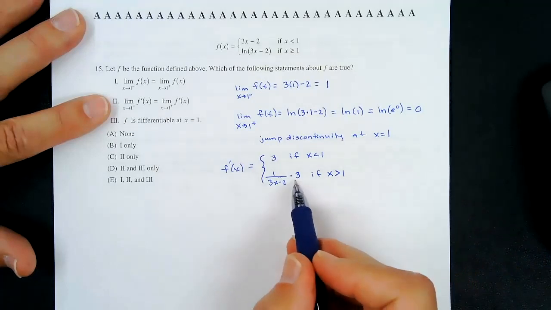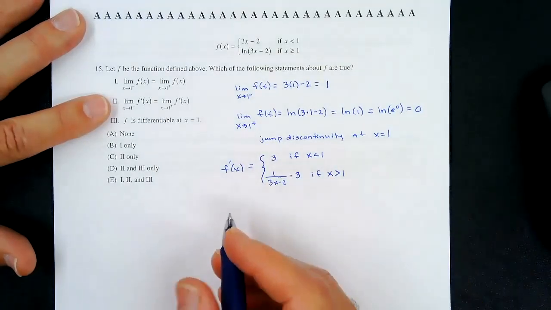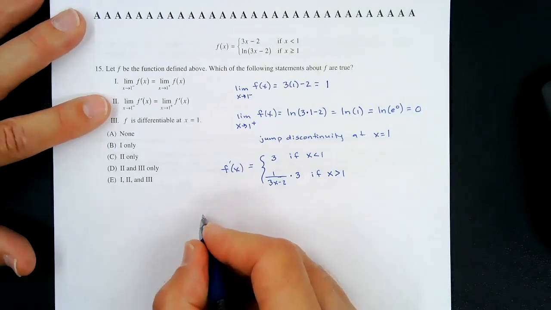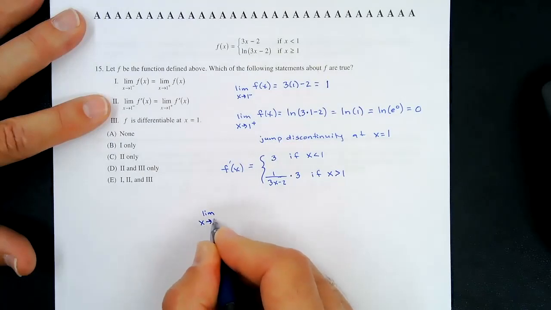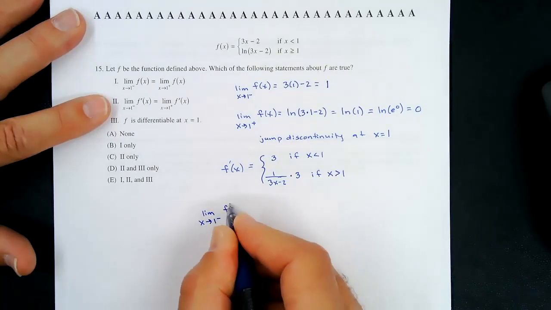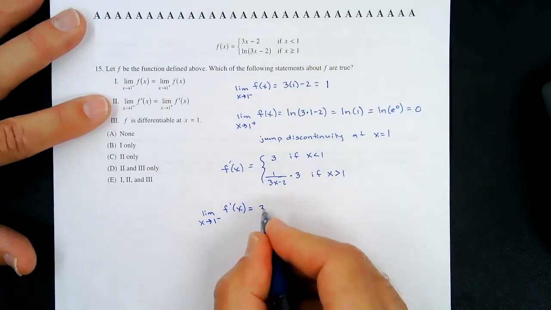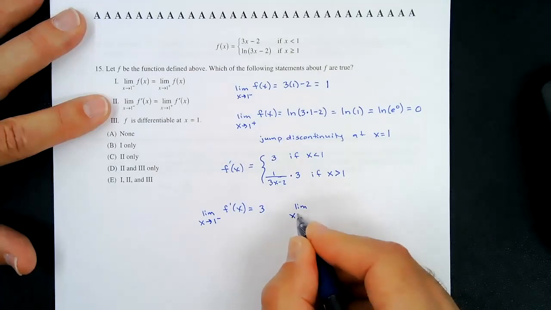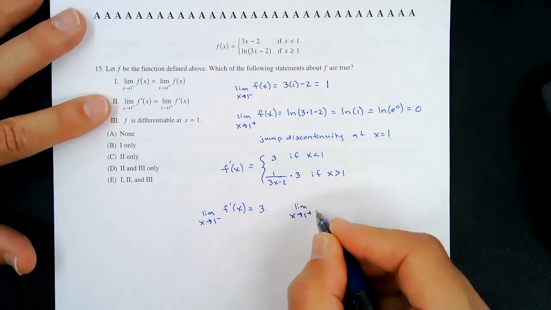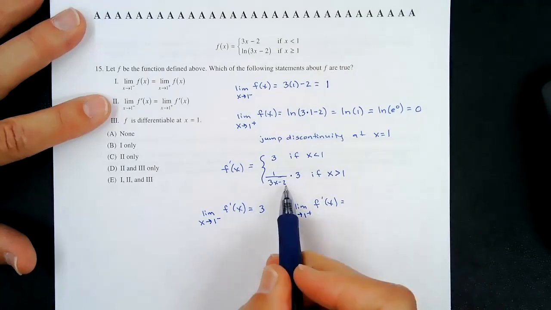Okay, so then we could rewrite this if we had time, but I'm just going to go ahead and start plugging it in. So we want to find the limit as x approaches 1 from the left of f prime of x. Well, we know that is 3. And the limit as x approaches 1 from the right of f prime of x, that's where we're going to plug 1 into this one.